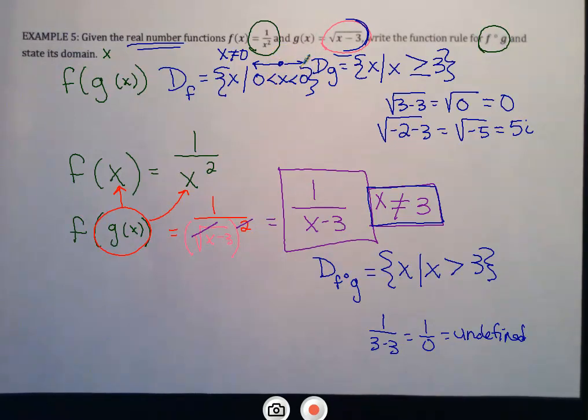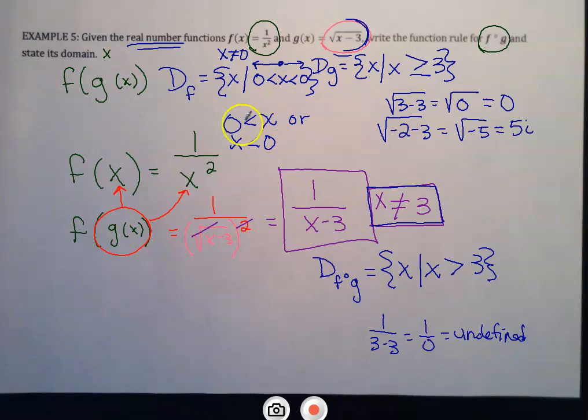Also, if you read it left to right, you just have to break it into parts. So 0 is either less than x or x is less than 0. 0 is less than x, so that's saying that x is greater than 0, or x is less than 0, which is saying that x is below 0. Basically, as long as it doesn't equal 0, then it's fine, because it's either above 0 or below 0.